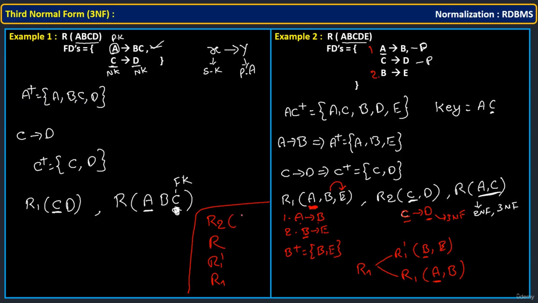In R2, we have CD, and this is the primary key. In R, AC, and this is the primary key. In R1 dash, BE, and this is the primary key. And in R1, AB, and this is the primary key. Now all of them are in second and third normal form, because first of all, they have only 2 attributes.